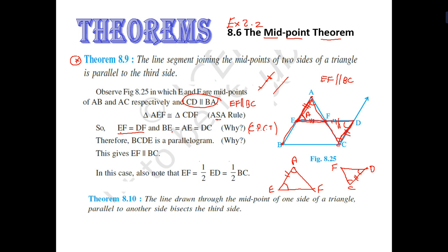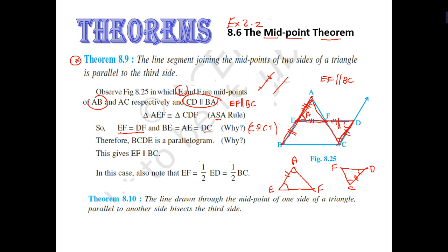And AE is equal to BE, because E is a midpoint of AB. So E is a midpoint of AB, then AE is equal to BE, and AE is equal to CD.